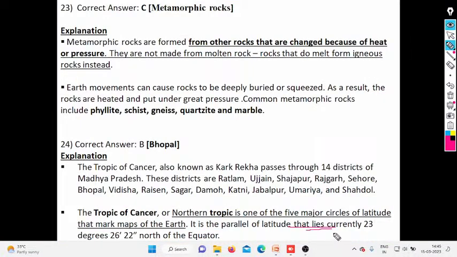It is parallel to the latitude that lies currently 23 degrees 26 minutes north of the equator. The Tropic of Cancer.